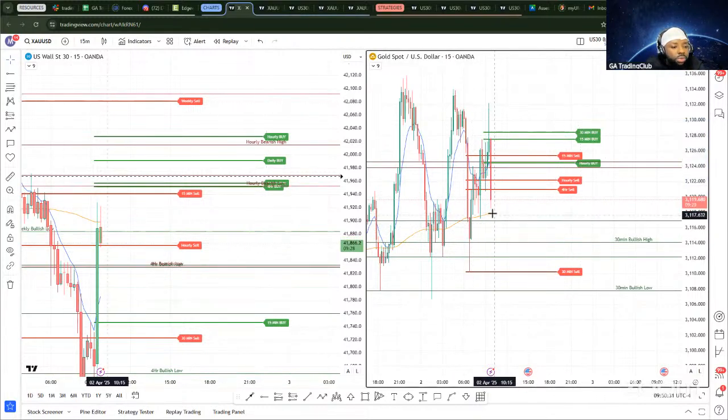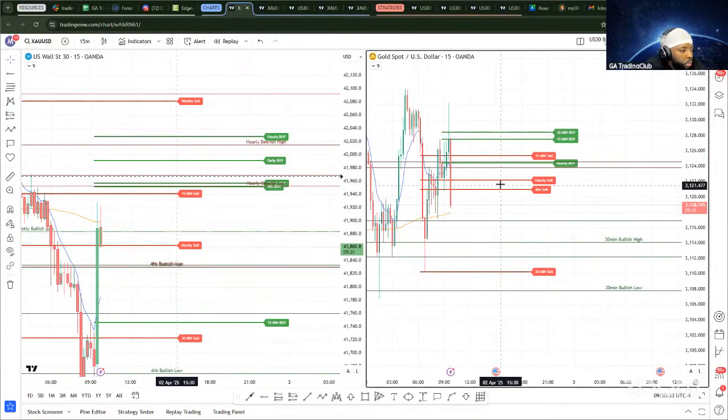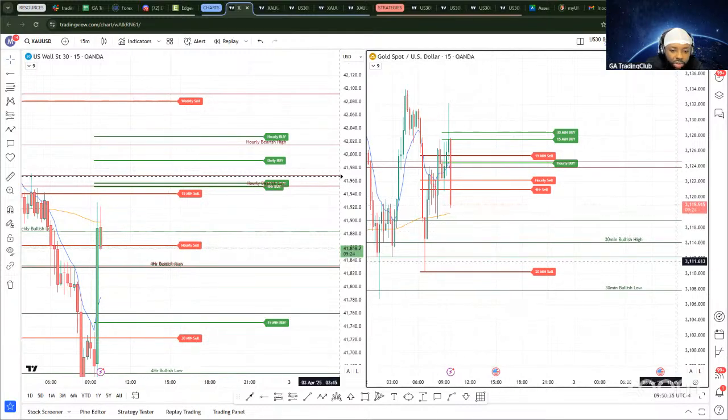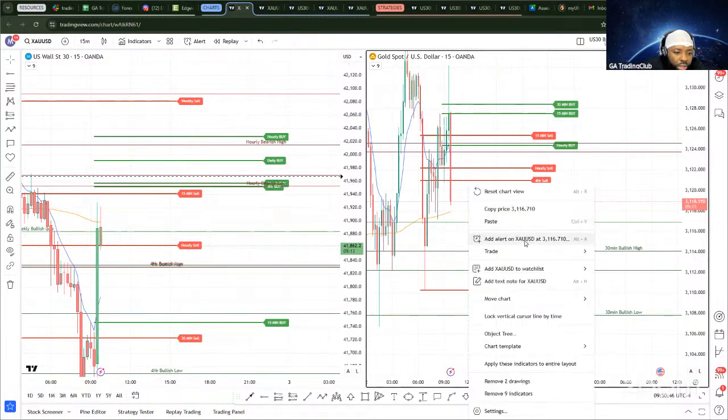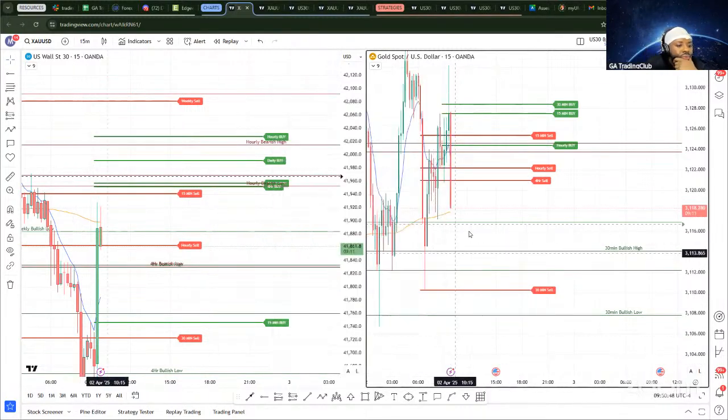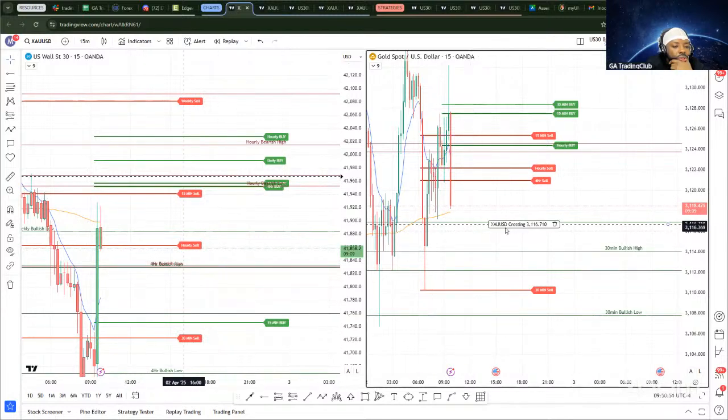So gold as well, let's see if we can track the 200 DMA rejection to the upside. So this 117.8 should be 116.8, somewhere around here. Somewhere around there.